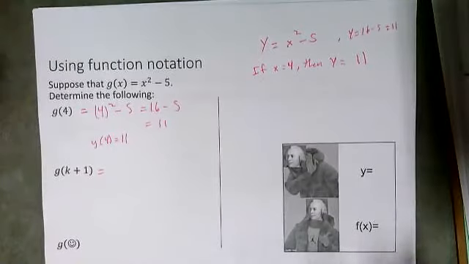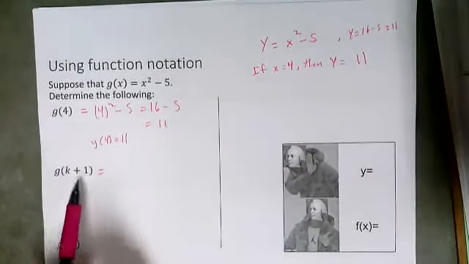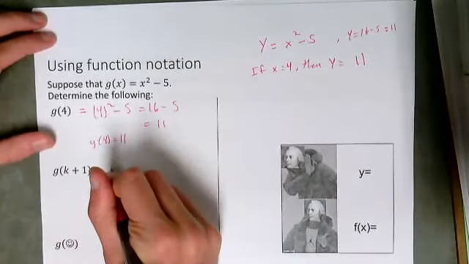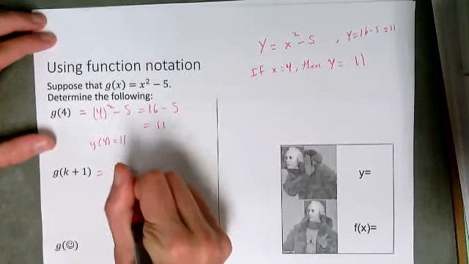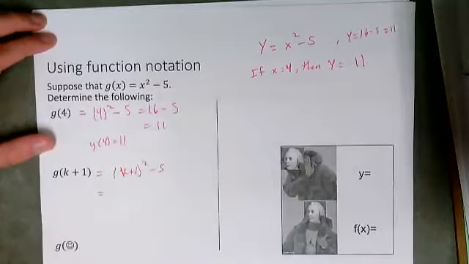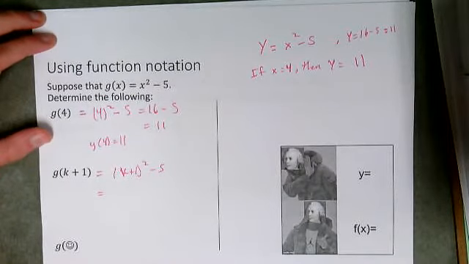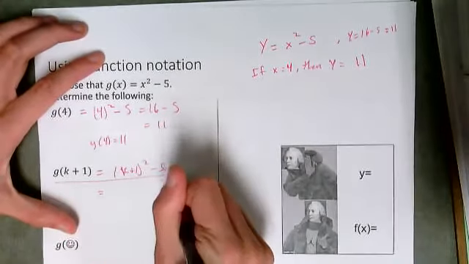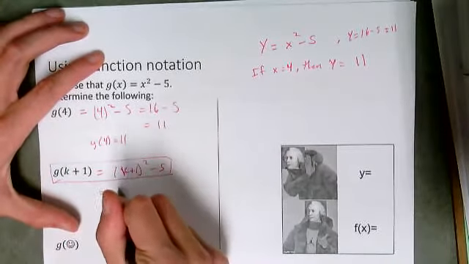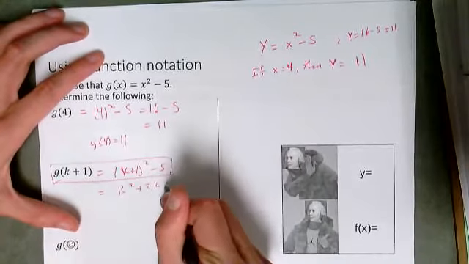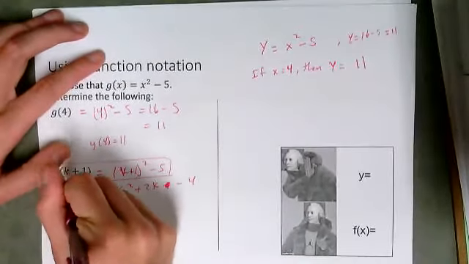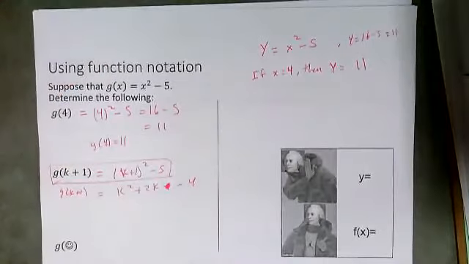All right, so you do the same thing. For every x you see in your function, you plug in its input and see what you get. So this one is going to be k plus 1, squared, minus 5, which you technically can simplify if you want, but this is perfectly fine right here. If you want, you can also rewrite it as k squared plus 2k minus 4. Either way works.